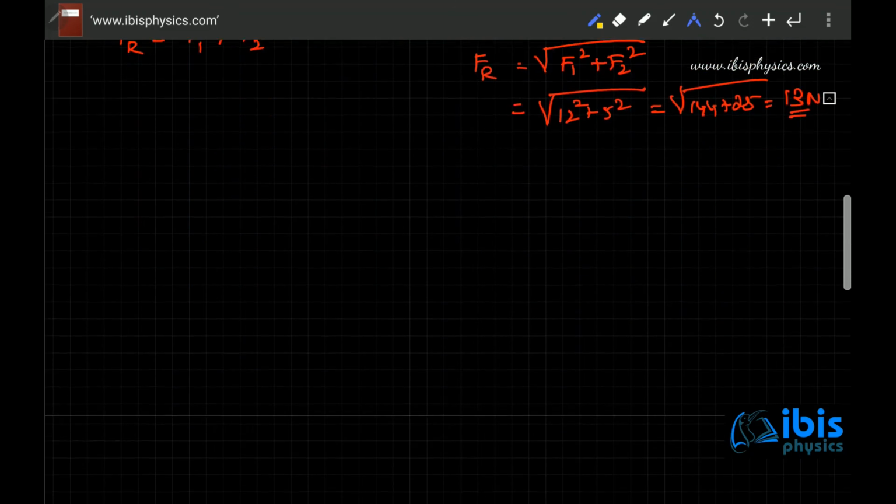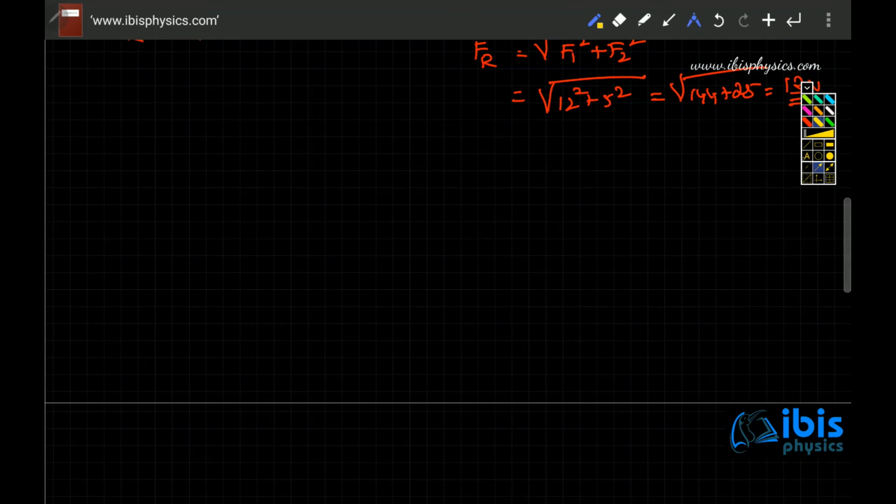If you want to establish a general case, suppose there is a block, and let's say it's a small point, and two vectors are acting on that small point, let's say any two vectors, like one vector acting in this direction and another vector acting in some other direction. If this is the F1 vector, this is the F2 vector, and the angle between them is theta, then the way of finding the resultant is the same.